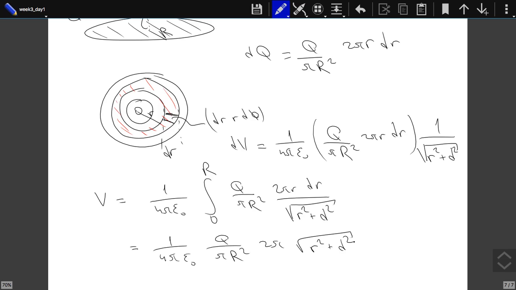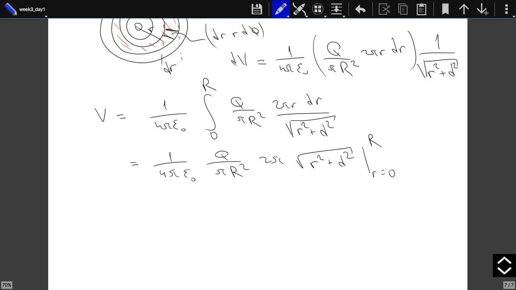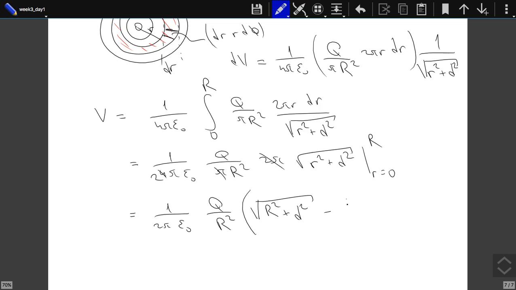And of course here the small r changes from 0 to large R. And let's do some simplifications. 1 over 2 pi epsilon 0 q over R squared times square root of R squared plus d squared minus d. This is the potential of our disk.